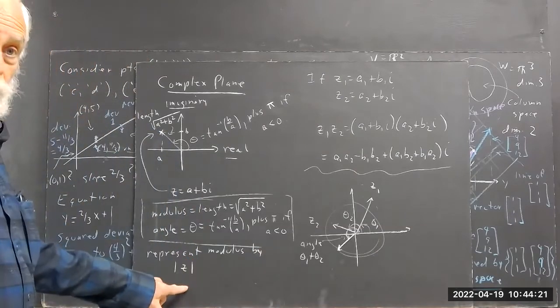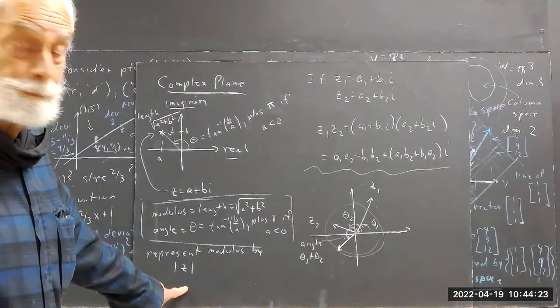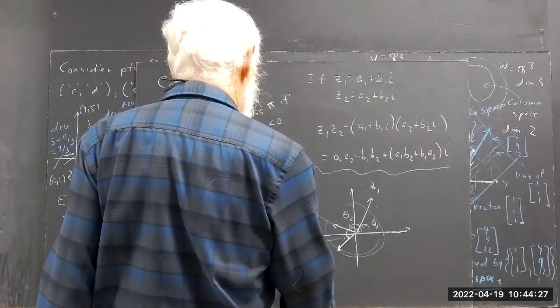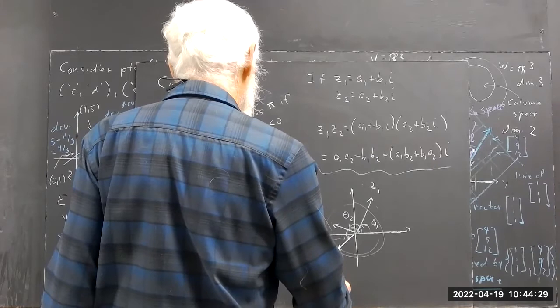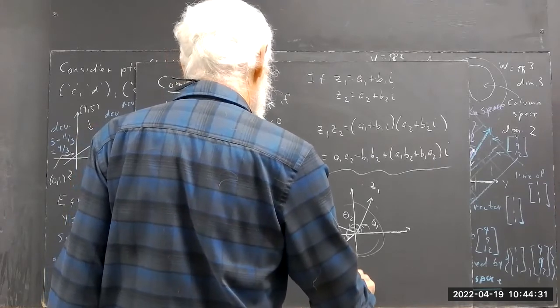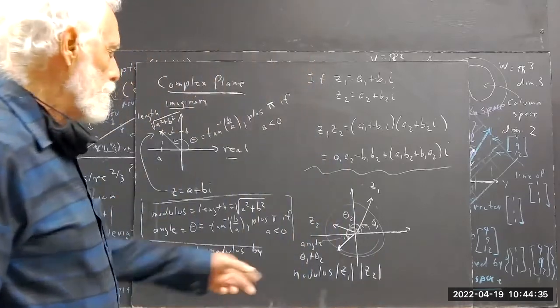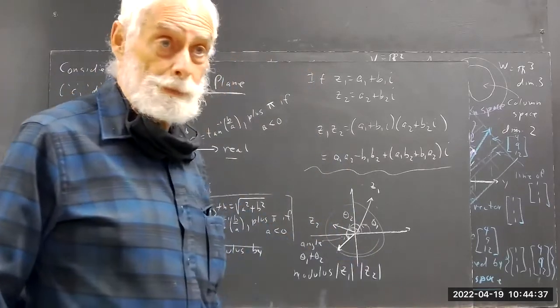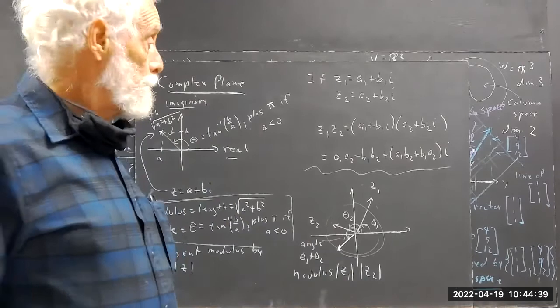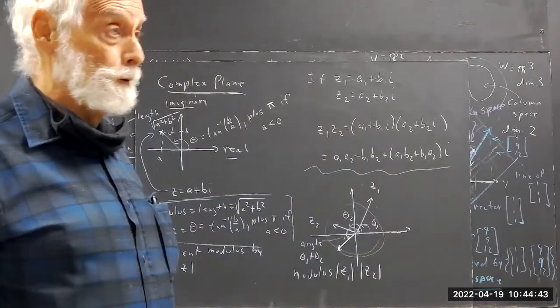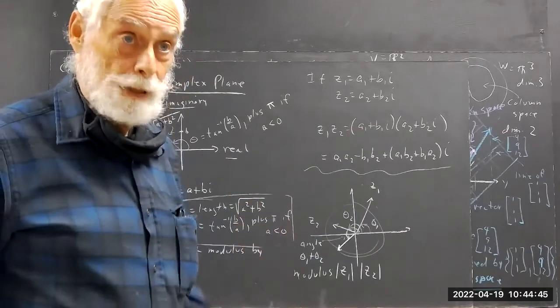We'll represent the modulus with absolute value signs. And the modulus is just the magnitude of Z1 times the magnitude of Z2. So you just multiply their lengths, add their angles, and you have the picture of the product.